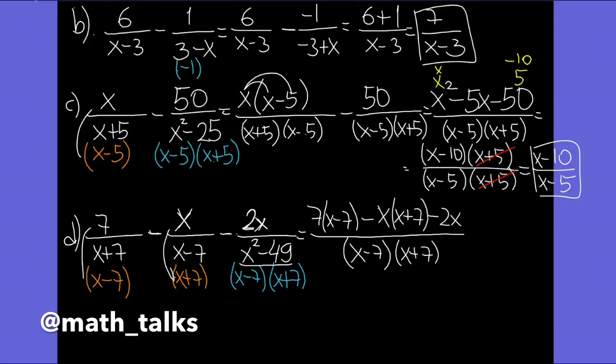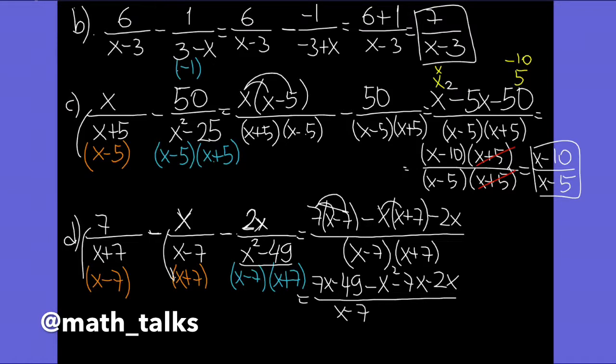Now 7x minus 49. 7 multiplied by 7, it will be negative 49, minus x squared, minus 7x, minus 2x.